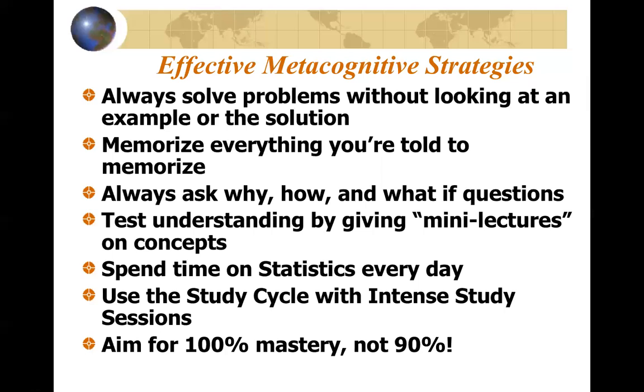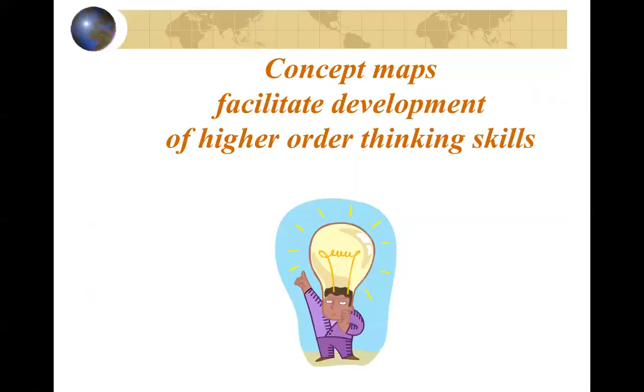Oh, that looks hard. And then we say to ourselves, oh, it's probably not going to be on the test. And is it on the test? It's always on the test because the faculty want to know who did 100%. So always, always aim for the 100%.